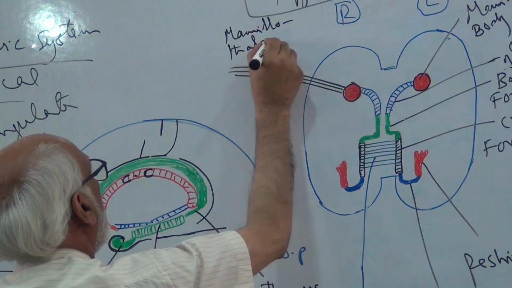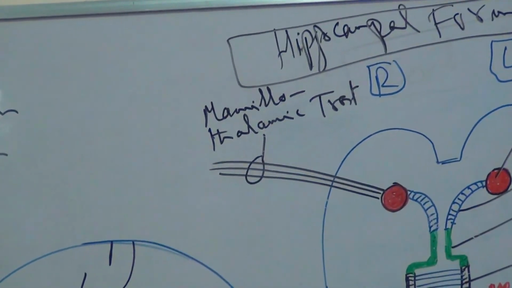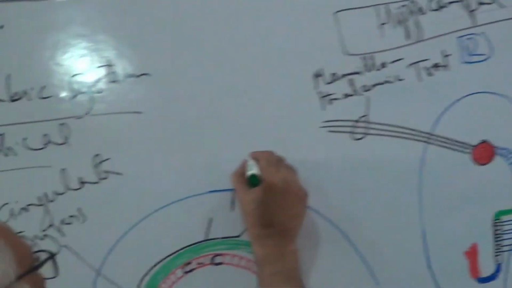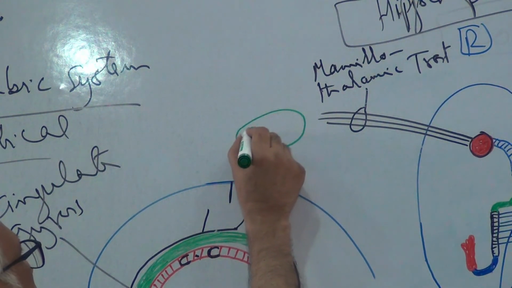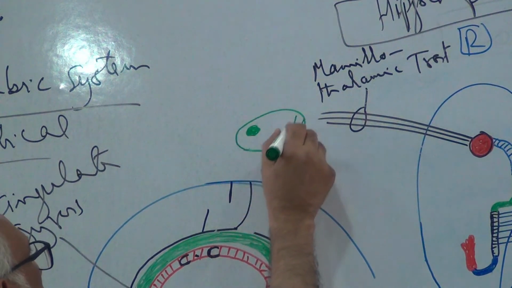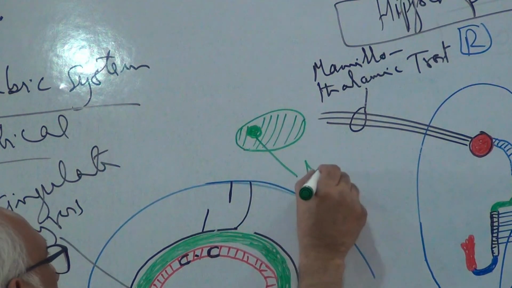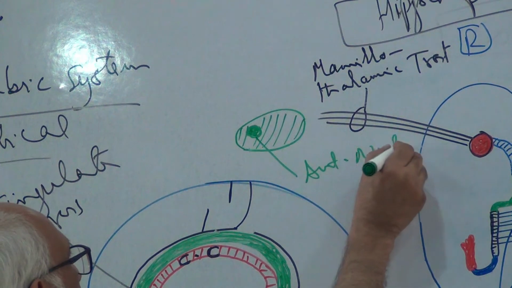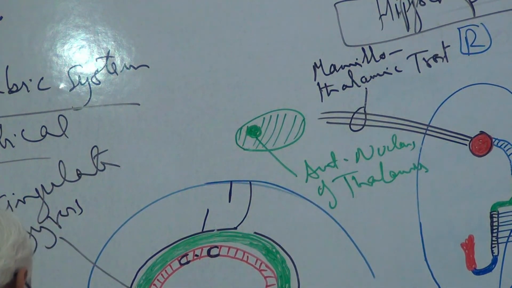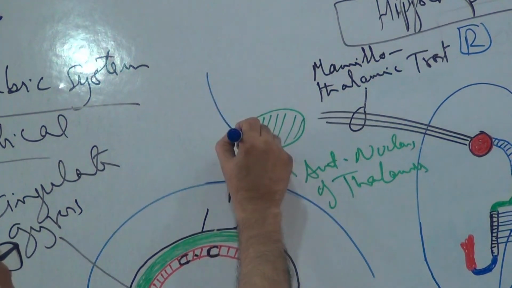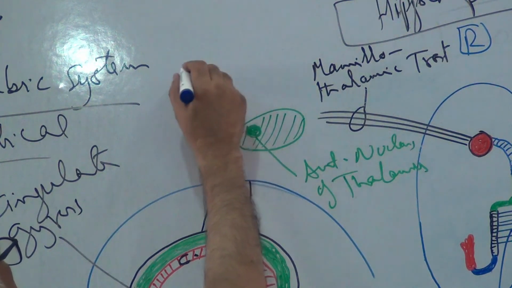The mammillothalamic tract arises from the mammillary body, and it relays in the anterior nucleus of the thalamus, and then the thalamus again has connection with the limbic system.